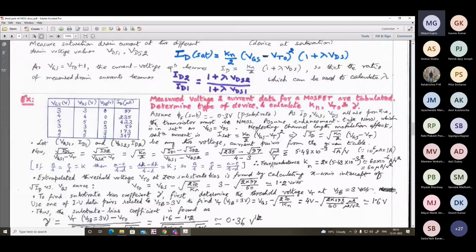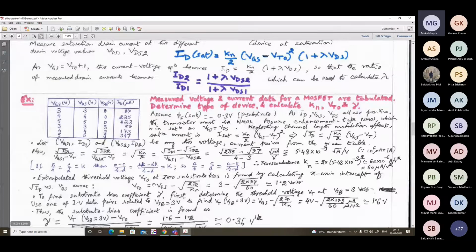Kn is roughly equal to 60 into 10 to the power minus 6 ampere per volt square, or 60 microampere per volt square. While calculating, please confidently and correctly put the units, because as engineers, all the measurable parameters must have the associated units. Do not make a mistake of that.